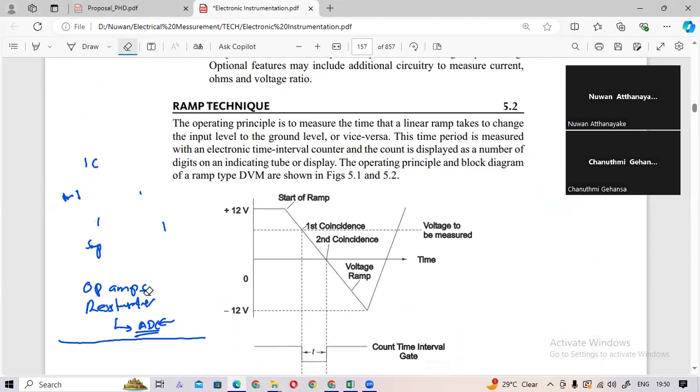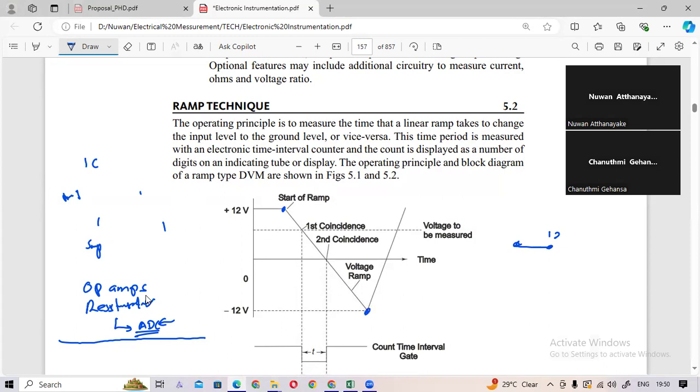So now it is like this, okay? We have a signal, we have some voltage value here. Then what we do is we generate a signal from some high value to low value, okay?